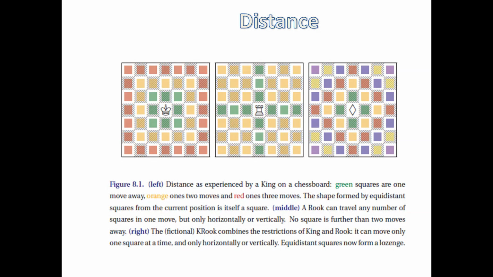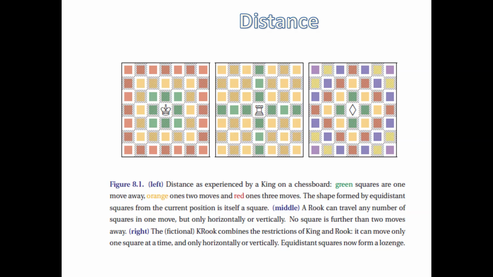However, the rook has a different kind of movement. The rook moves only side by side and perpendicularly. So for the rook, all these green ones are one unit distance, one move away, and all the orange ones are 2 moves away. The rook can reach any of the orange boxes in 2 moves. Now the last one is a K rook, which combines the restrictions of king and rook: it can move only one square at a time, and only horizontally or vertically.